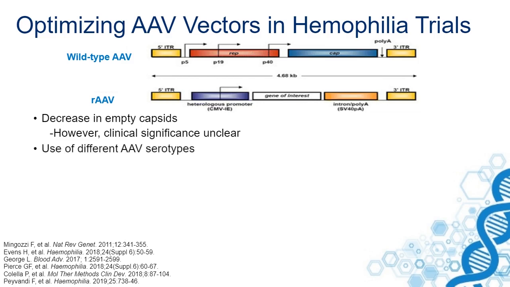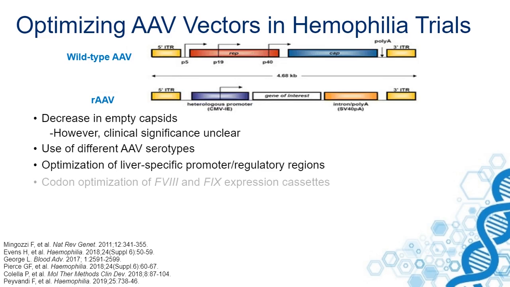There's use of different AAV serotypes. Initially, AAV2 was used, and then others have been. There's less seropositivity in the population, as well as varying tissue tropism. There's optimization of liver-specific promoter and regulatory elements to be sure that it is targeted to the liver. Shown in the figure is a CMV promoter, but other promoters are used.